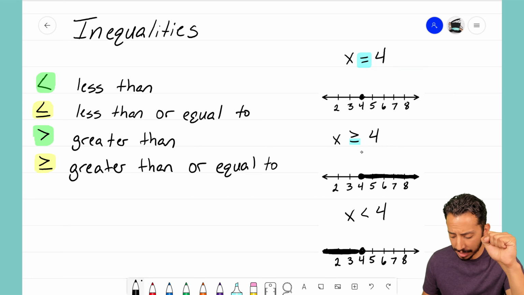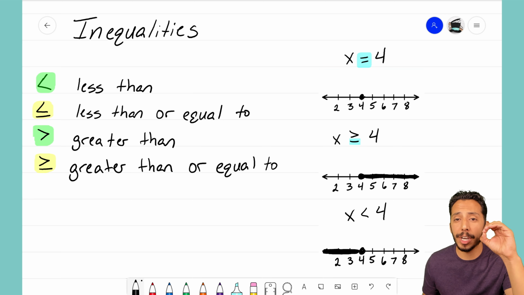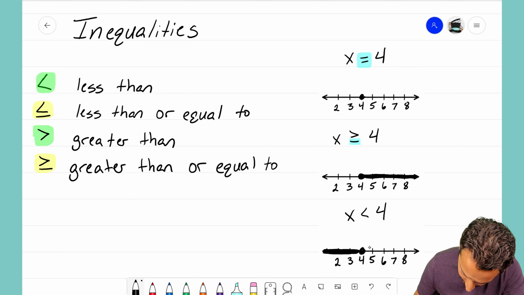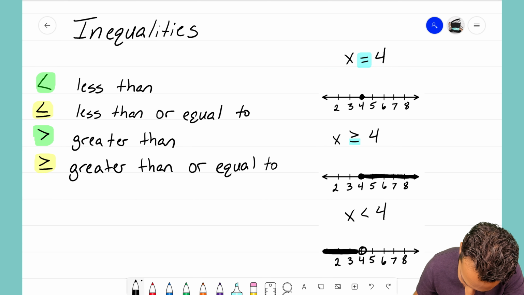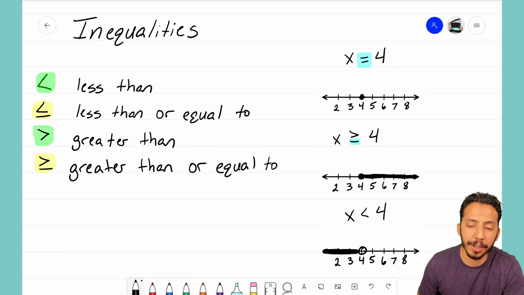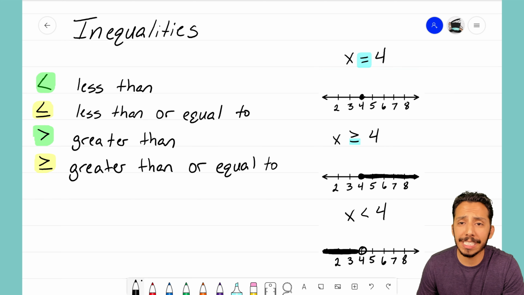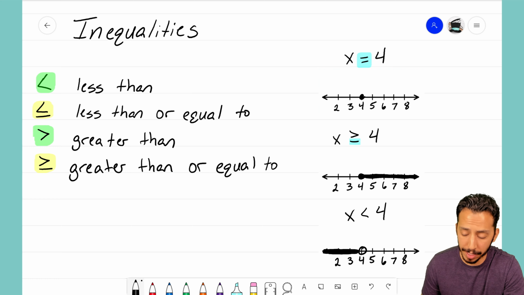When it's an equal sign, we want a closed dot. When there's no equal sign, it needs to become an open dot. So I need to erase that dot, and in its place, put an open dot there to represent that there is no equal sign.